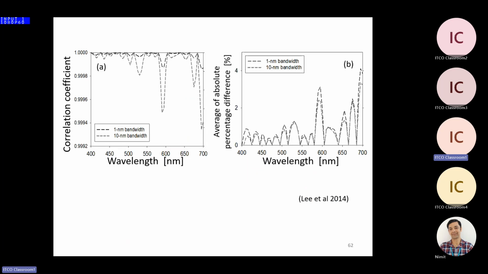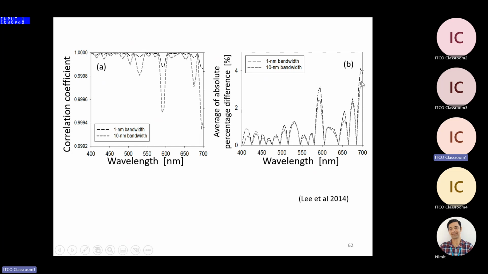Here's a way to quantify that difference. The correlation coefficient between the reconstructed Rrs and the measured Rrs from 400 to 700 is very close to 1. The average absolute percent difference is generally under 3%.